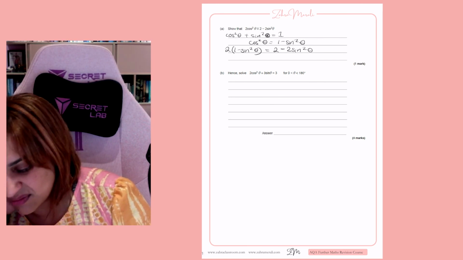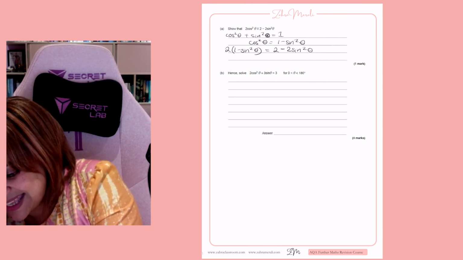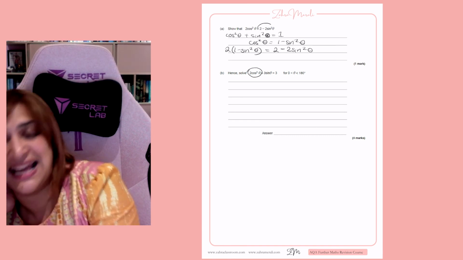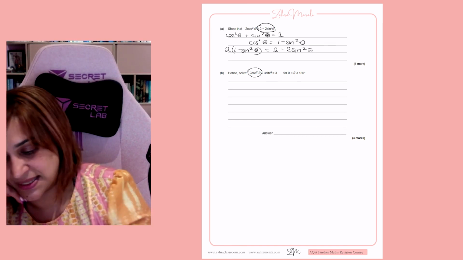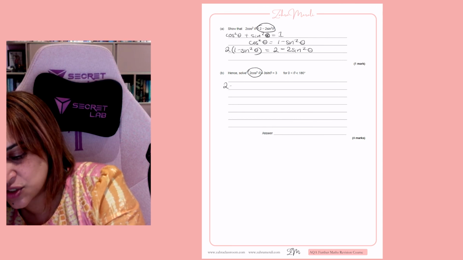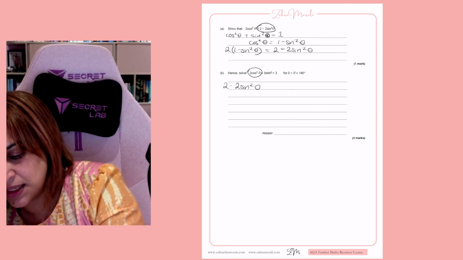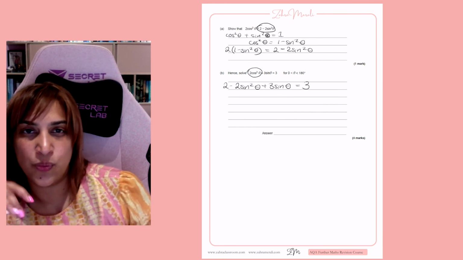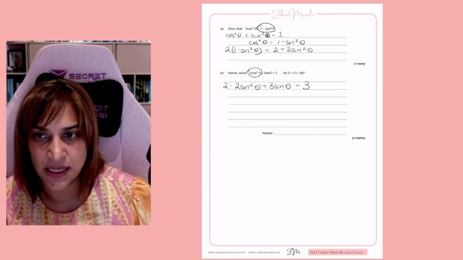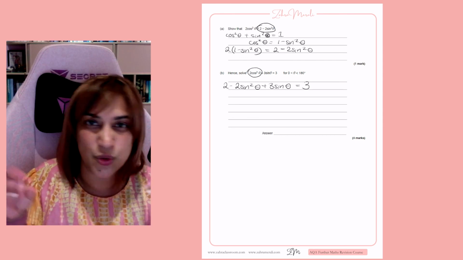So you're like, well, how does that help me? Well, we can see that this must be the same as this. So that's what we replace. So we get 2 minus 2 sine squared theta plus 3 sine theta equals 3. When we put everything on one side, you're going to get what we call a disguised quadratic.